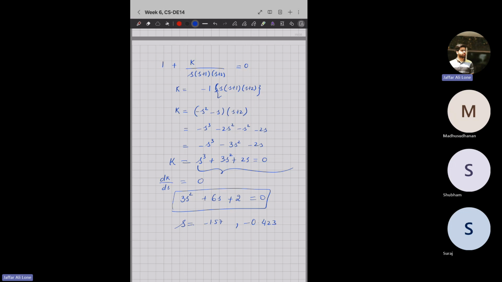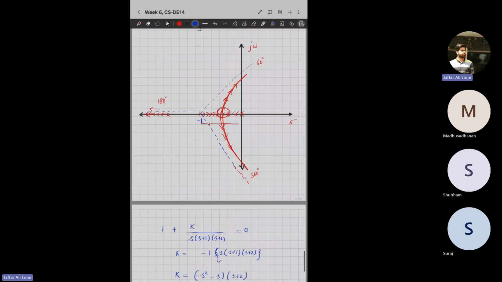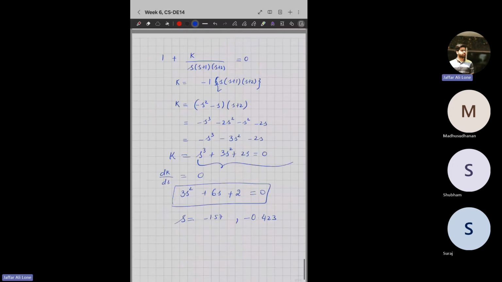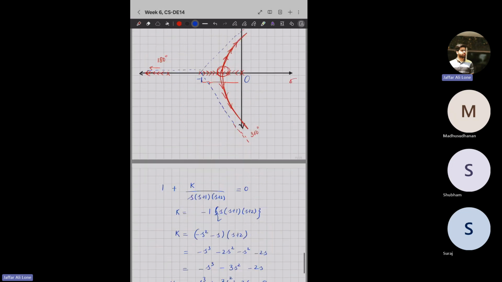So these are my breakpoint candidates. But see, the breakpoint will occur between s equal to minus 1 and 0. And the valid breakpoint in that case is only minus 0.423. Okay, so this is a valid breakaway point.